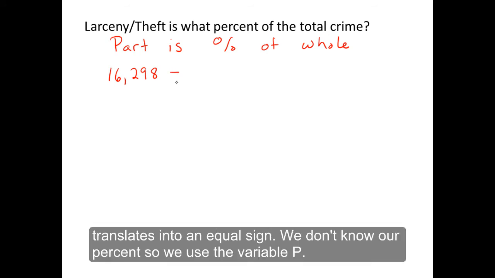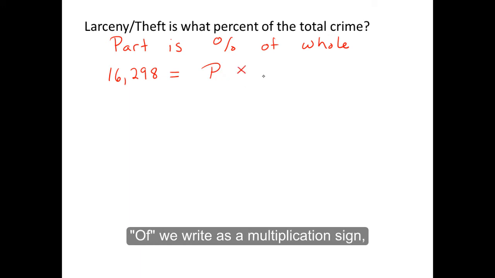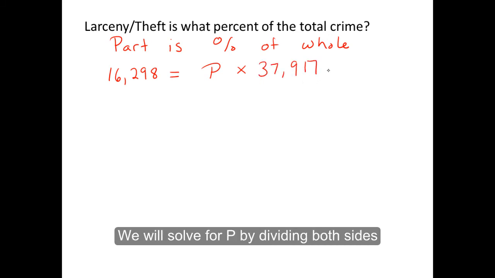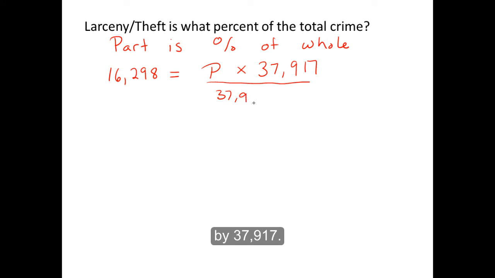Is translates into an equal sign. We don't know our percent, so we use the variable p. Of, we write as a multiplication sign, and the total crime is 37,917. We will solve for p by dividing both sides by 37,917.